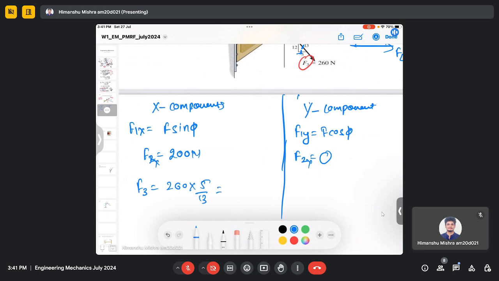If you solve this, you will get 100 Newton. So this is F3x, and F3y will be.